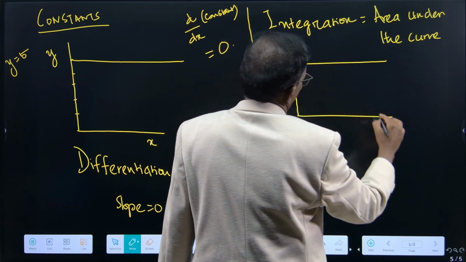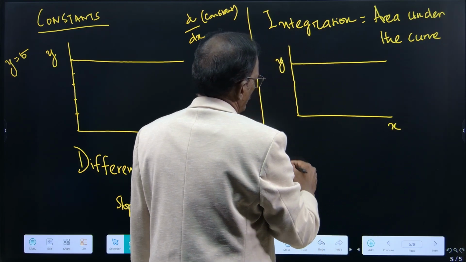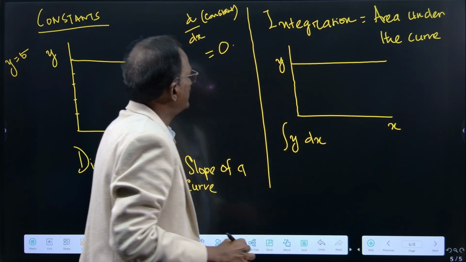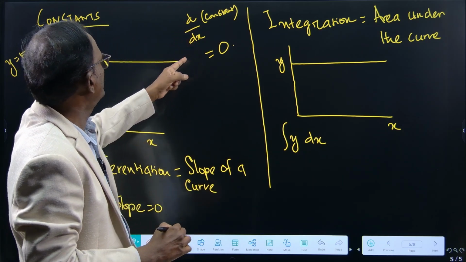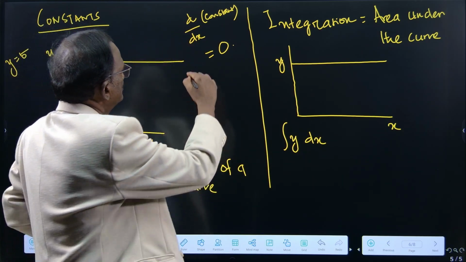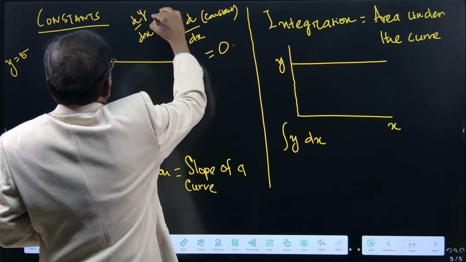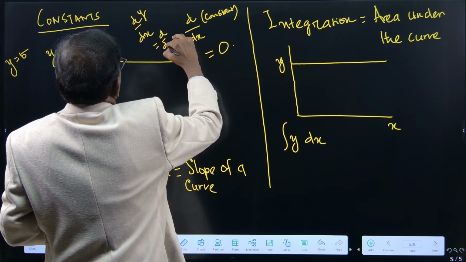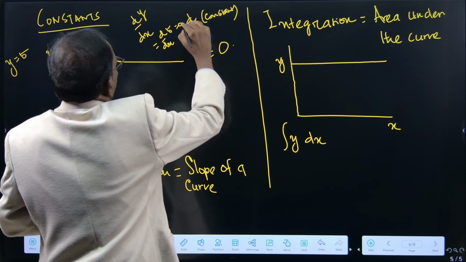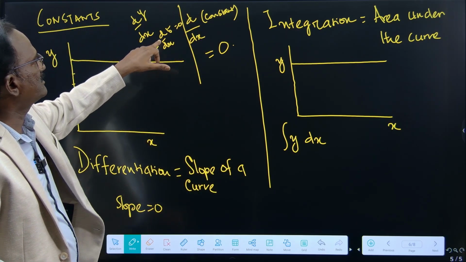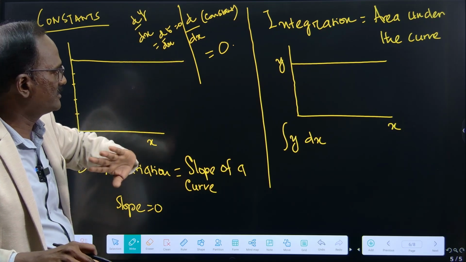This is y, this is x. I want to have the integral of y dx. Here differentiation of y, d by dx of y, which is equal to d by dx of 5, is equal to 0. This is what we obtained here: dy by dx is equal to d5 by dx is equal to 0.